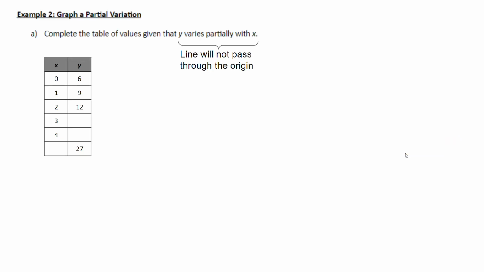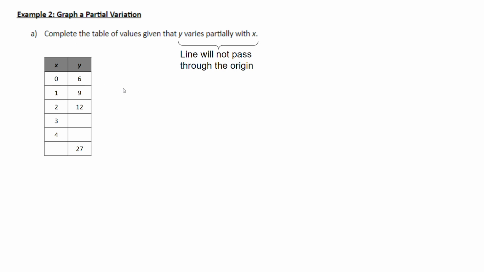Now we want to graph a partial variation. So we want to see this. Complete the table of values given that y varies partially with x. That means that the line will not pass through the origin, and we can see that very clearly because it goes through the point (0, 6), not (0, 0).